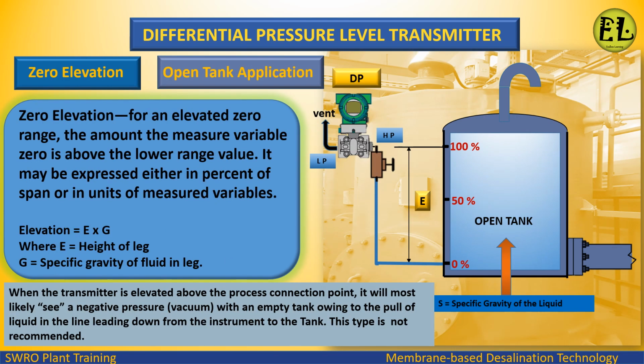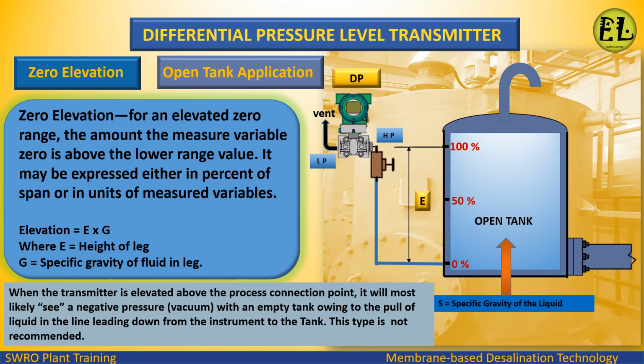Zero elevation. For an elevated zero range, the amount the measured variable zero is above the lower range value. It may be expressed either in percent of span or in units of measured variables. Elevation equals E x G, where E equals height of leg, G equals specific gravity of fluid in leg.